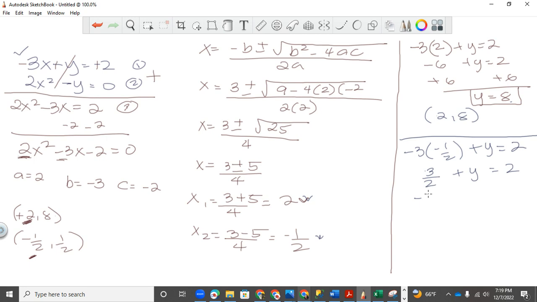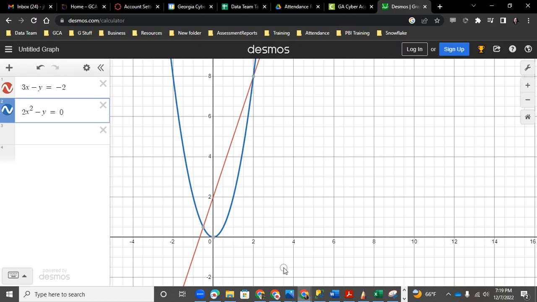We subtract 3 halves from both sides, so y equals 2 minus 3 halves, which is 1 half. So that's where you have the negative 1 half from here, comma 1 half. So these are your 2 points. Going back to your Desmos, this is your negative 1 half comma 1 half, and this one right here is your 2 comma 8.